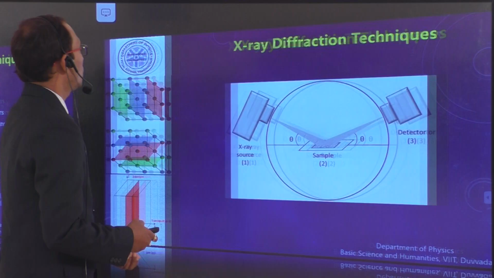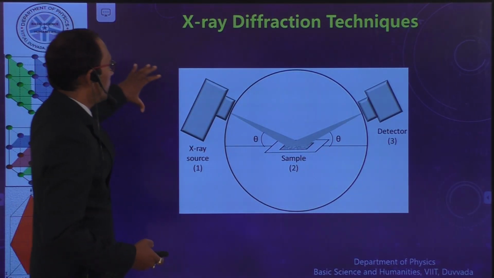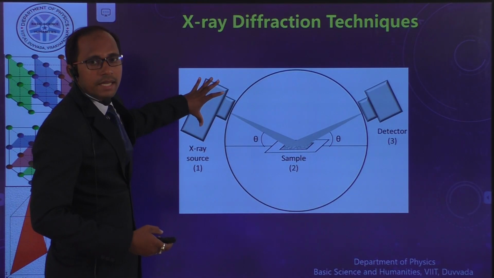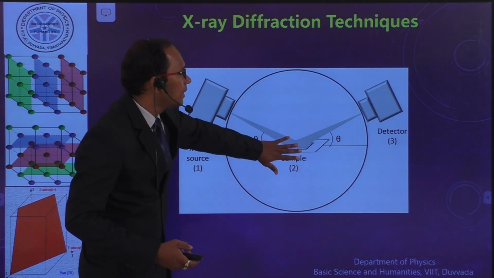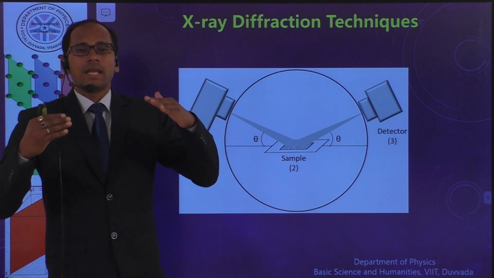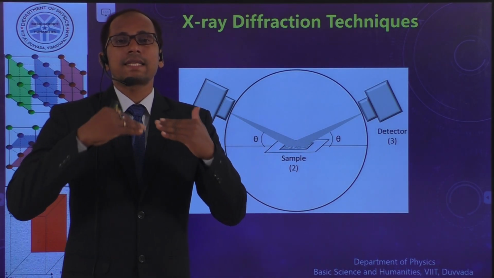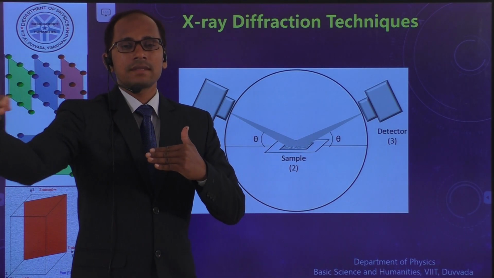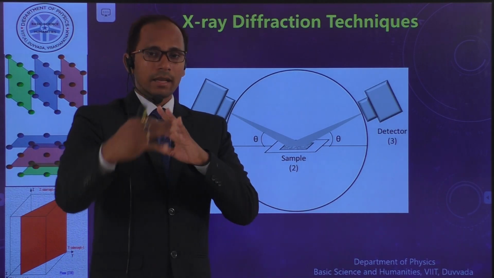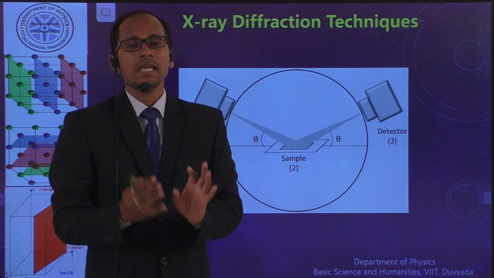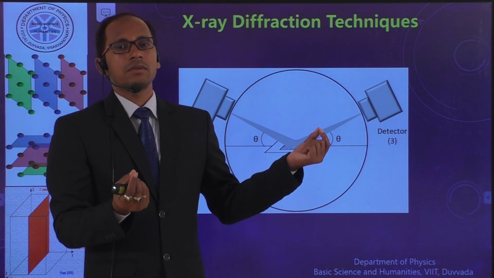Okay, let us see what the X-ray diffraction technique is. We take an X-ray source, and X-rays are incident on a sample. Then the X-rays get scattered, as we discussed in Bragg's law, because atomic planes and atoms are there. In the atom, electrons having negative charge are there.